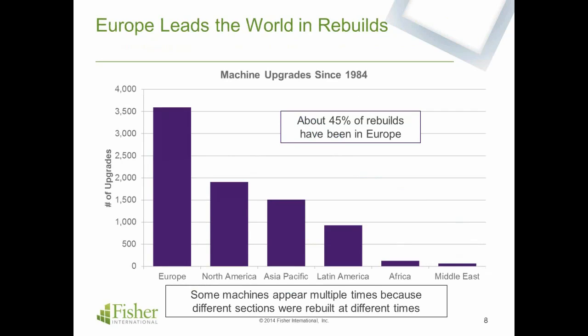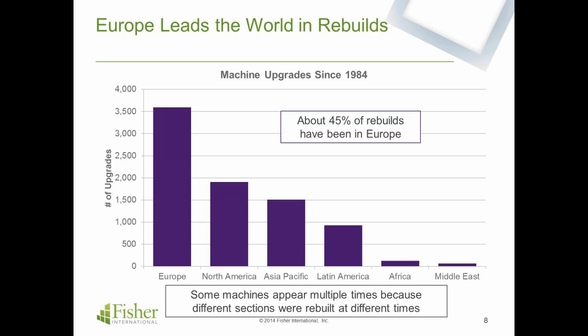Now, most of the rebuilds that have been done in the last 30 years have occurred in Europe. About 45% of the rebuilds that have been done were on machines located in Europe. Now, a comment about this: there are machines that appear in here multiple times, and the reason for that is the way that I pulled this data.